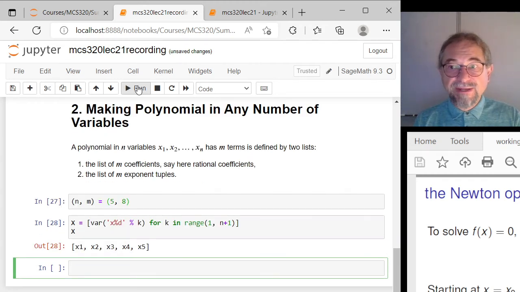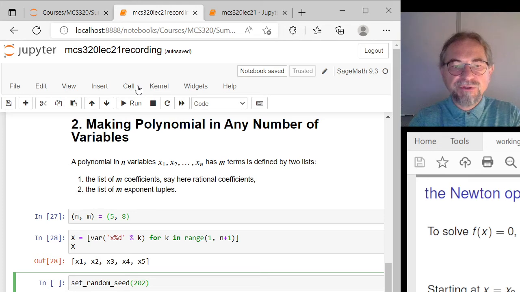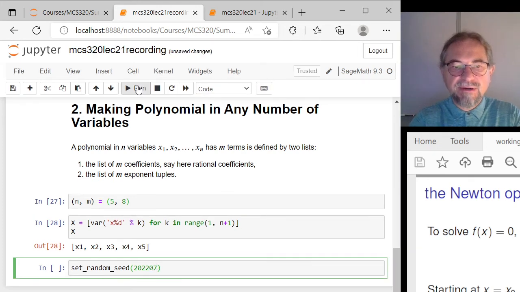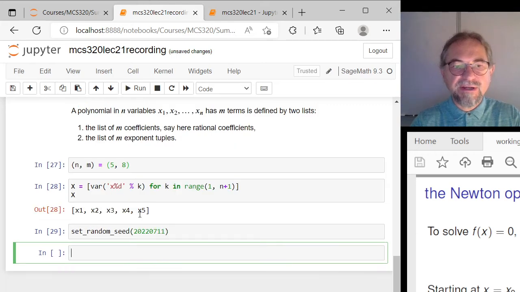Okay, so then I want to make random coefficients. To make sure that everybody has the same numbers, I will set the random seed to the date for which this lecture is scheduled. So my coefficients are made out of rationals. And I have m coefficients.